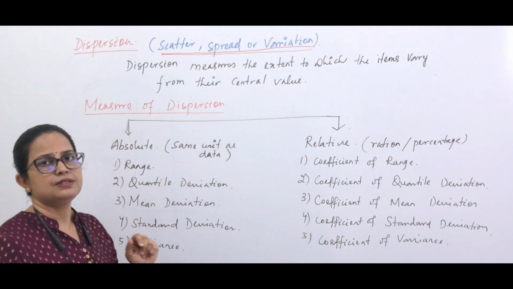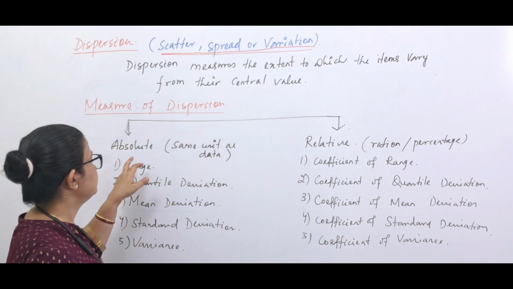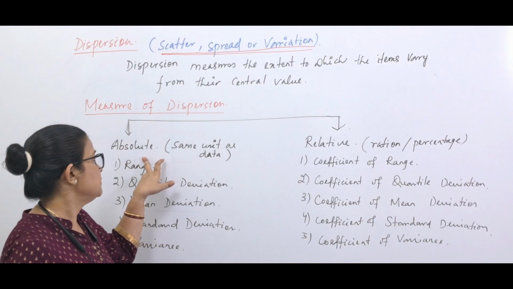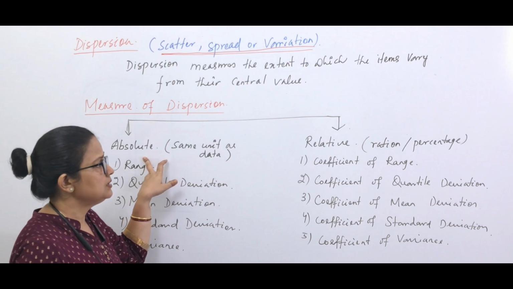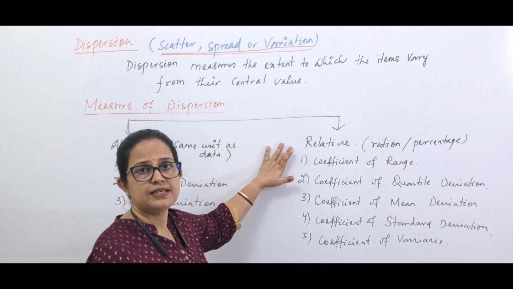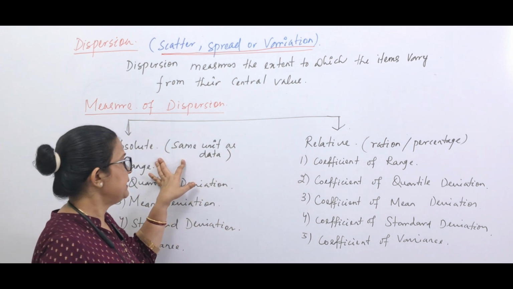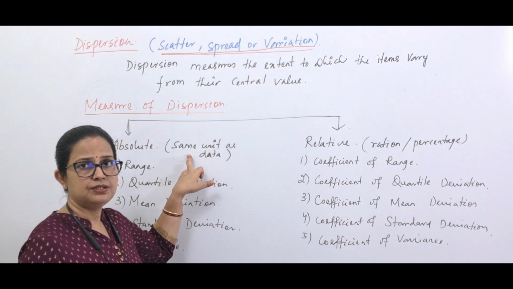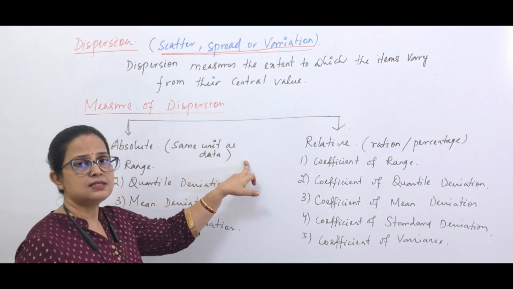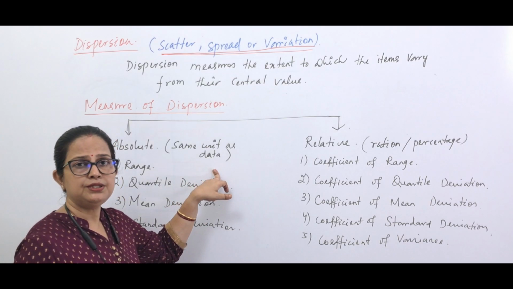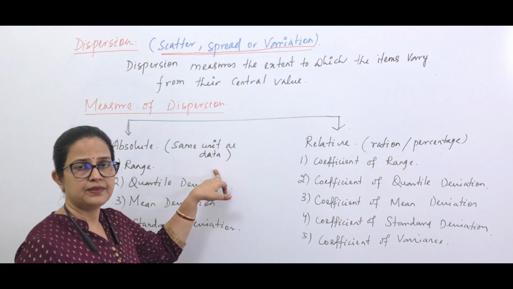Measure of dispersion. Dispersion can be measured in two ways: one is absolute measure and the second is relative measure. In absolute measure, we take the deviation in the same unit as the unit of the data.